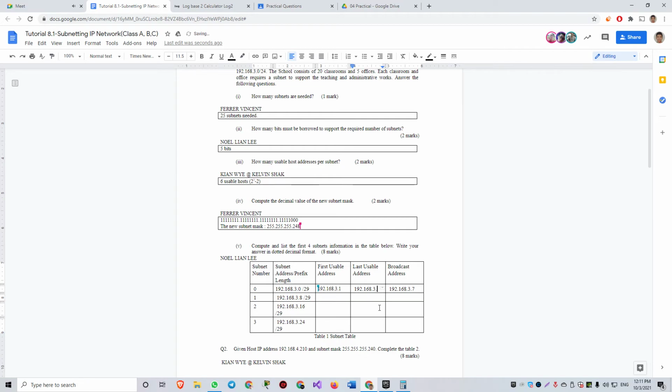Yes, right. Now you can do the other broadcast addresses first, because once you do the broadcast address, you can do the first usable and last usable very easily. Exactly.